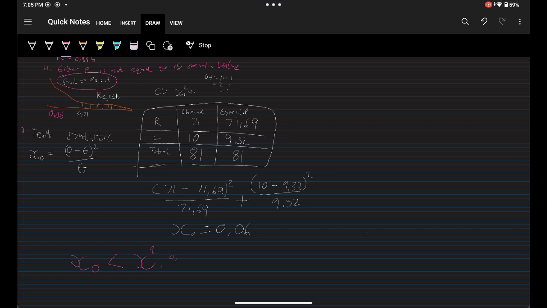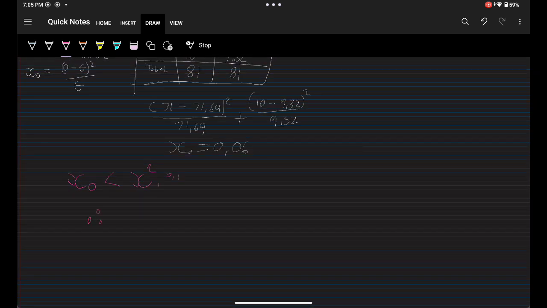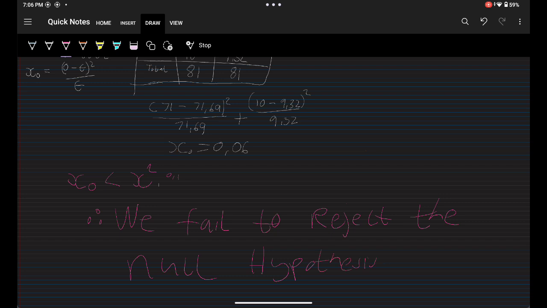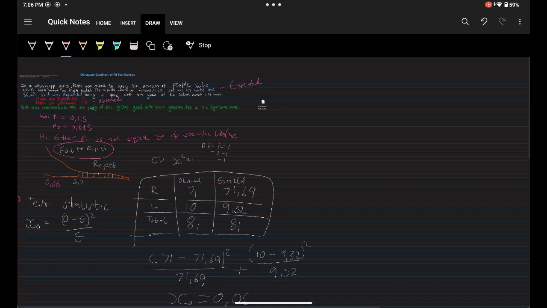So therefore we fail to reject the null hypothesis, in favor of the alternate. But basically, what does this mean? We fail to reject it.